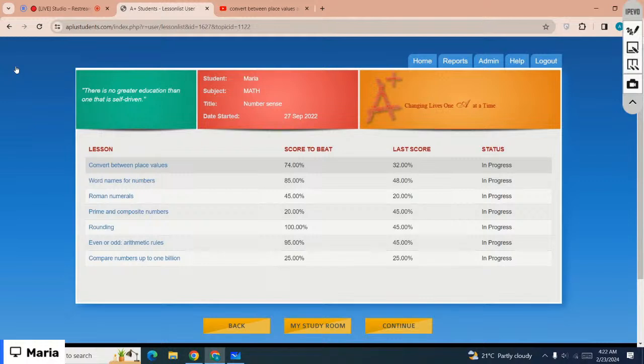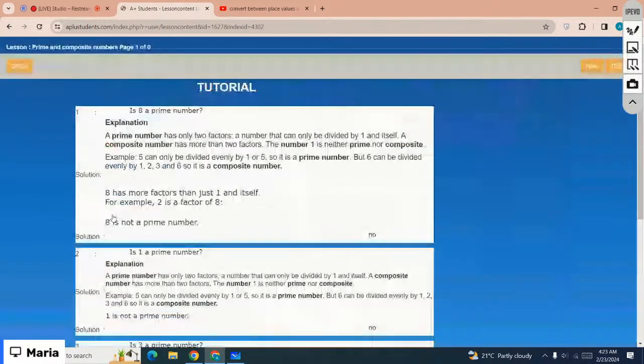prime and composite numbers. So what are the prime numbers? Prime numbers are the numbers that can only be divisible by 1 and the number itself.